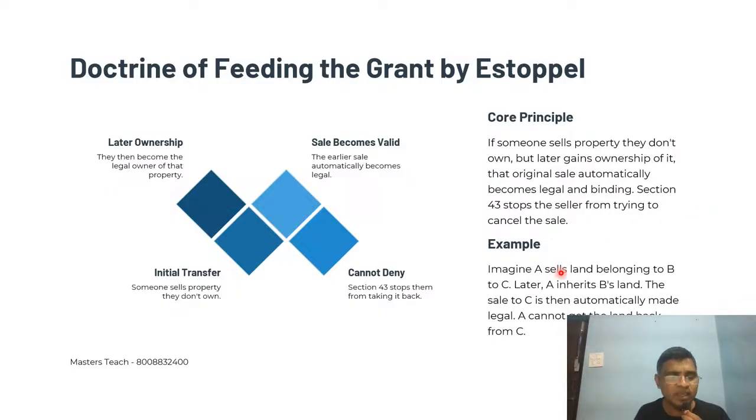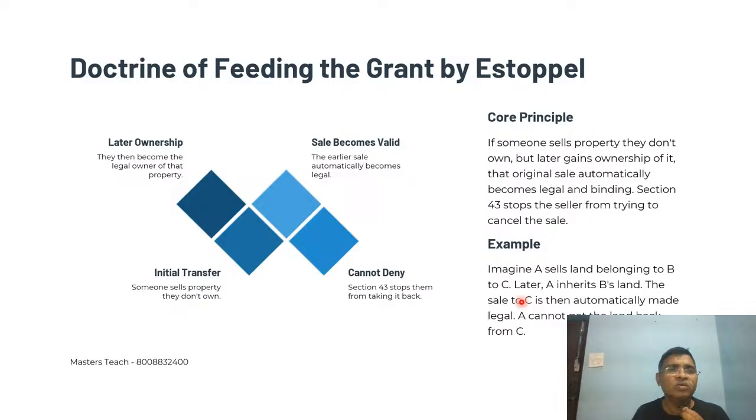Imagine an example here: A sells land belonging to B to C. Later, A inherits B's land. The sale to C is then automatically made legal. A cannot get the land back from C. This is the doctrine of feeding the grant by estoppel.